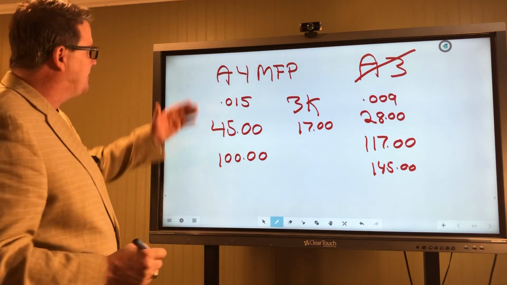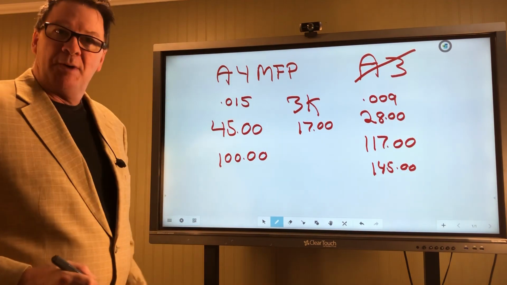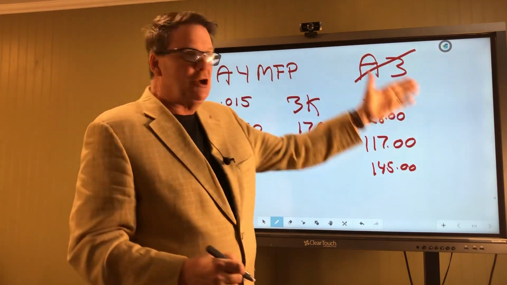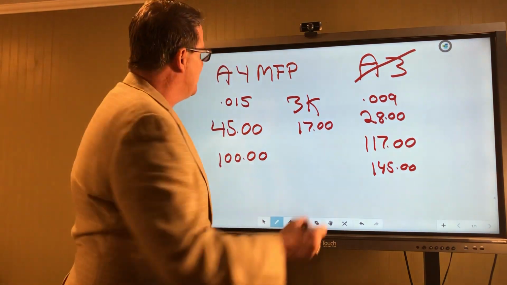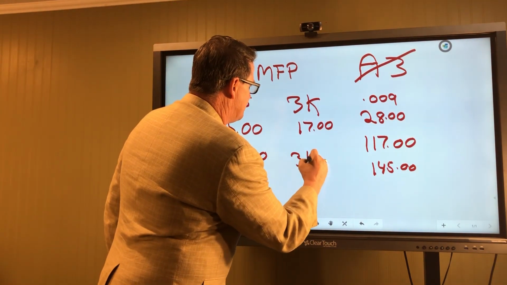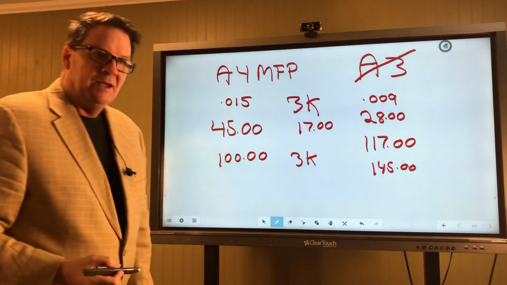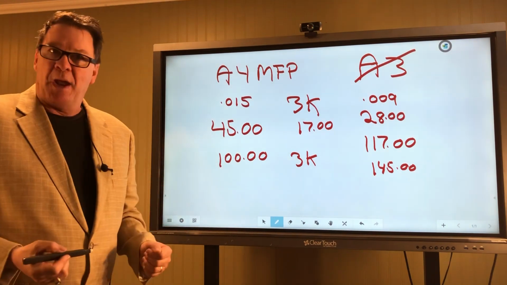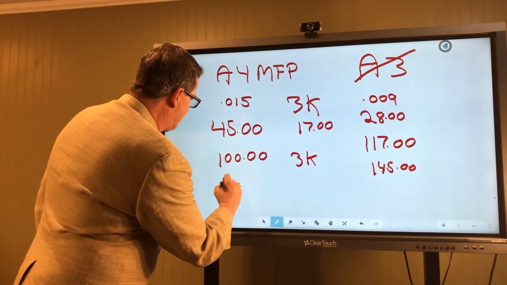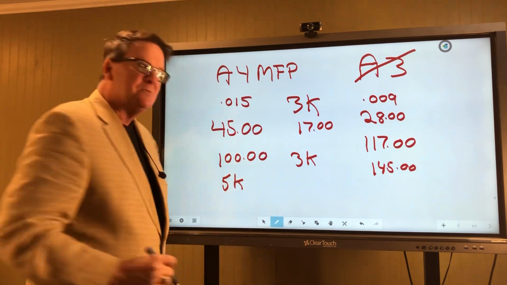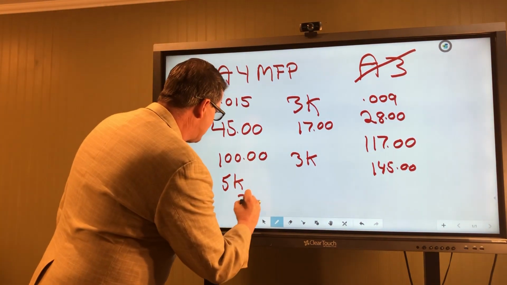And let's just say that brand new A4 MFP in the box had the same cost as that used A3, and let's say that cost was $3,000. Well, if he uses the $100 for the lease payment, he's only going to finance $5,000, which means he's got $2,000 GP.